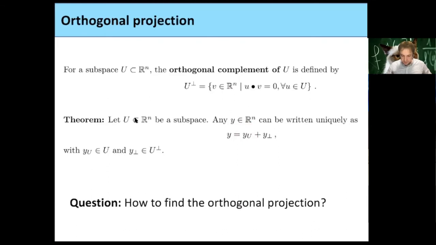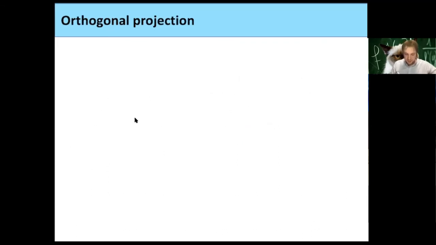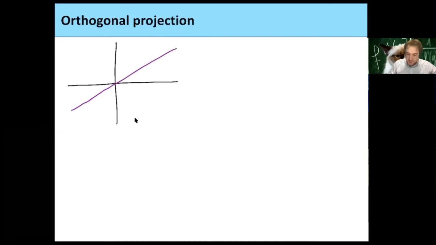So let's draw this again. So let's assume we have now a matrix A, and we have the image of A, which is a subspace, and we have a Y. So what we want to find is this here, so the orthogonal projection of Y onto the image of A. But actually, we do not want to find this point.